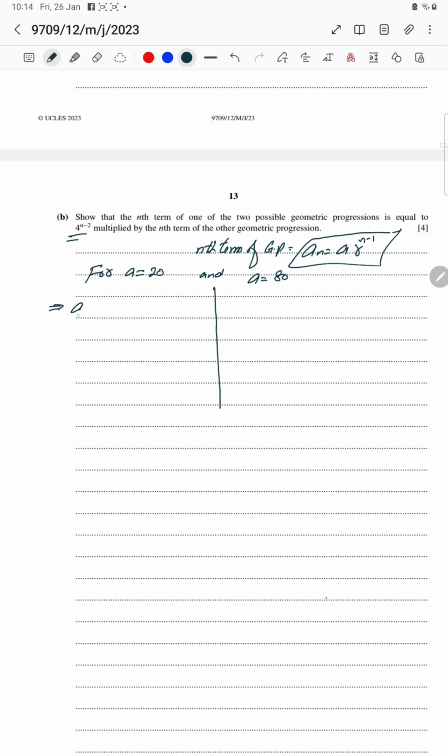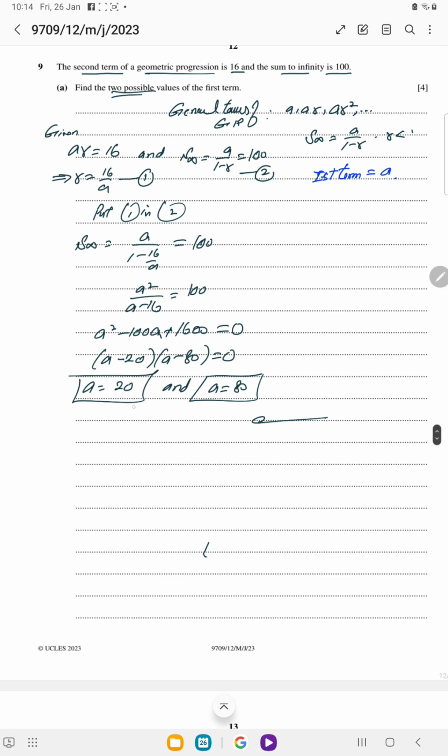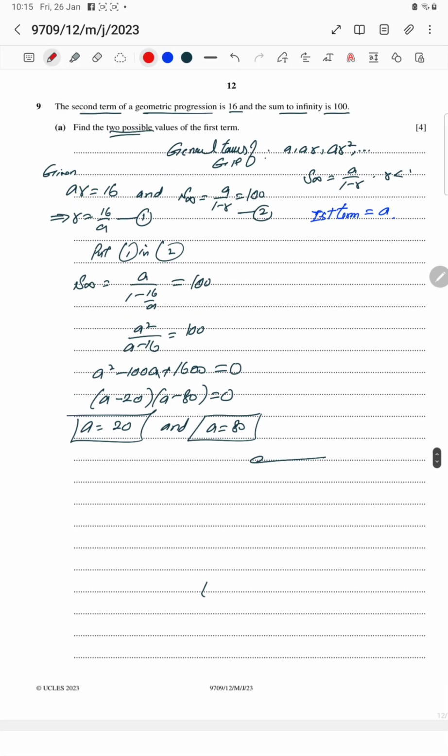So the first progression, a_n1, we can write as 20, R remains R, and power n. We also need to find R. We can put the values of A into equation 1.